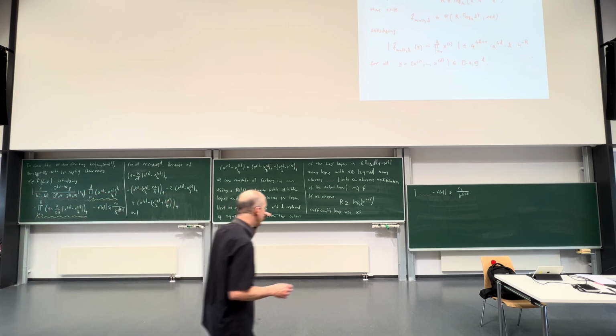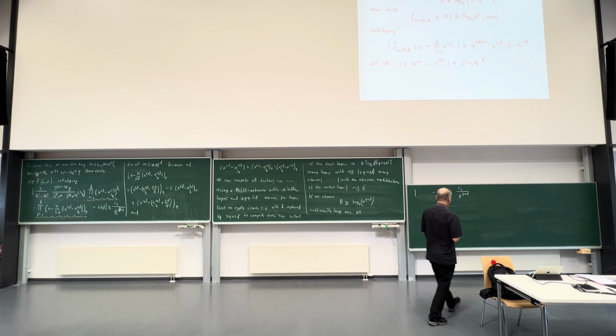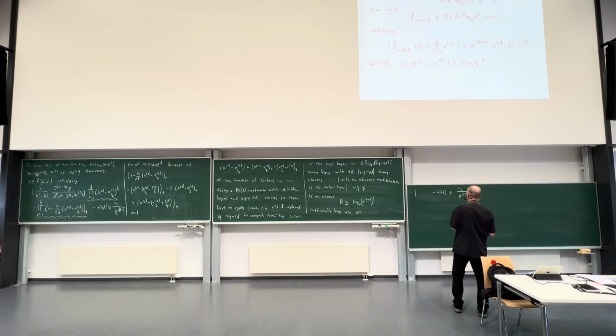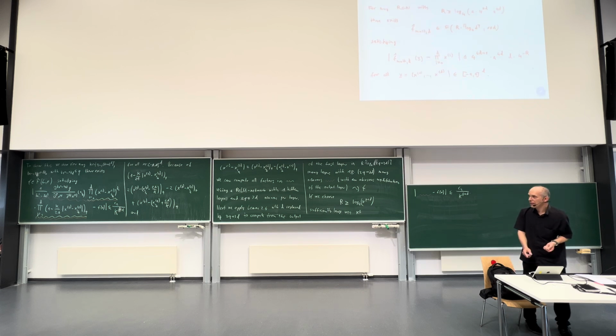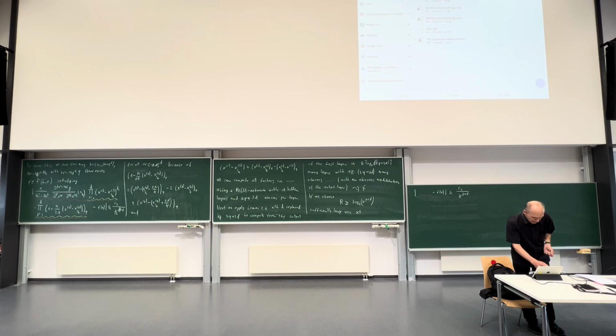And now we have to check with our, what was our assertion? Oh no, the assertion is over. No, I have to check in the theorem again whether I get that right.